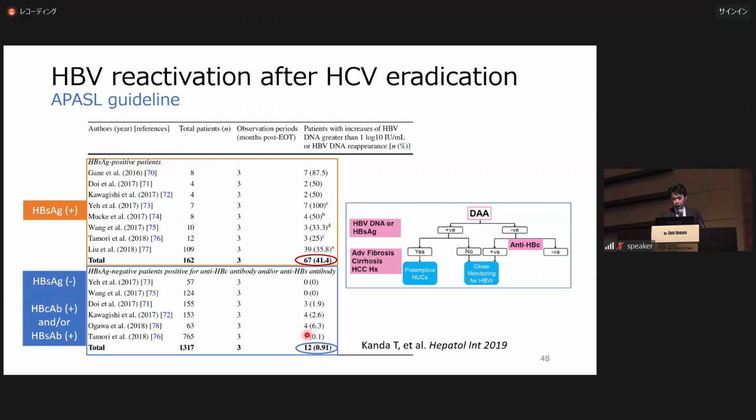So in this guideline, if the patient has HBV DNA or HBs antigen and advanced fibrosis, cirrhosis, or HCC history, preemptive NUCs are recommended. And if the patient has no advanced fibrosis, close monitoring for HBV reactivation is recommended.